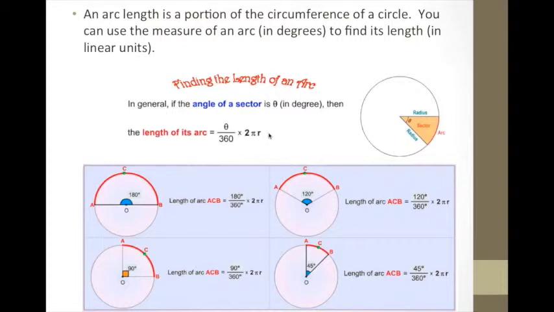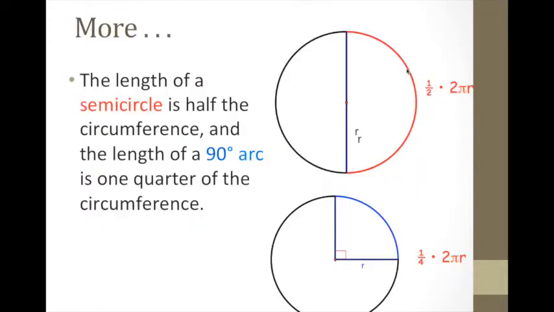Now we know from the previous section that 2 pi r is the entire circumference. Once you know the entire circumference, you only need to find the fraction of the circumference in question, in this case the arc on the outside of this sector.